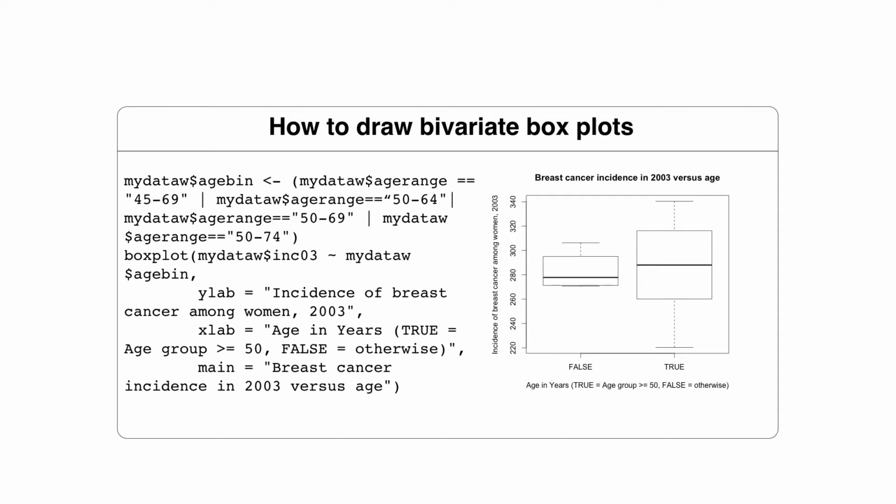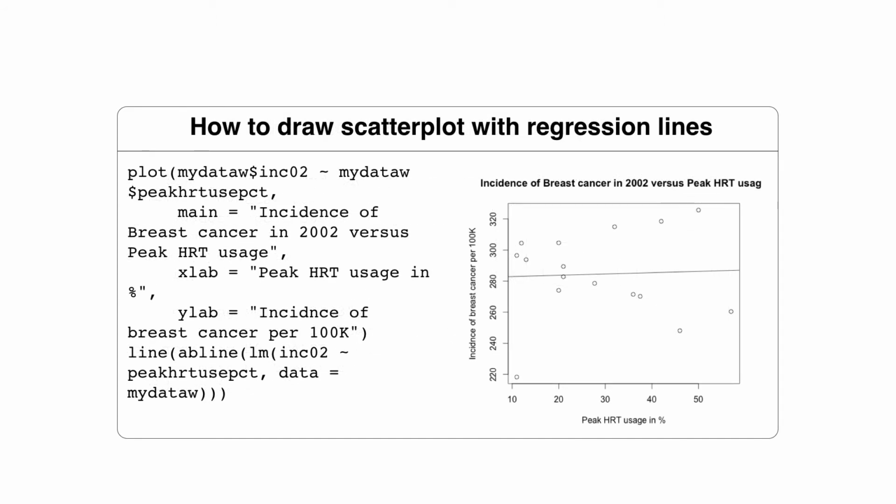Continuing on with bivariate plots, let's take a look at how we can draw a scatter plot with a regression line. Again, it is very simple. You just put the two continuous variables.